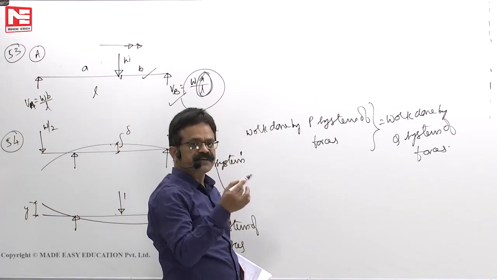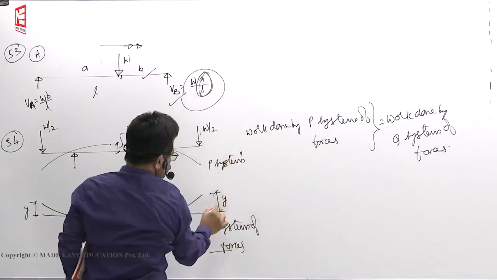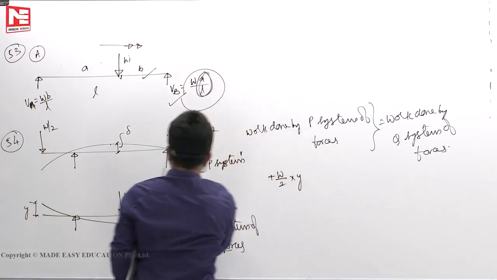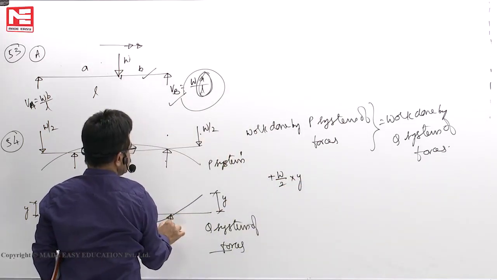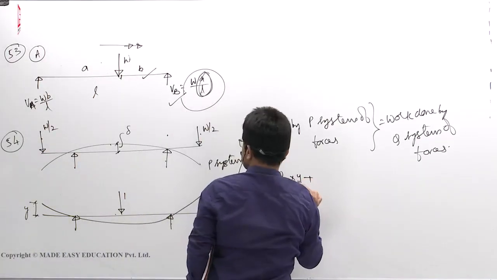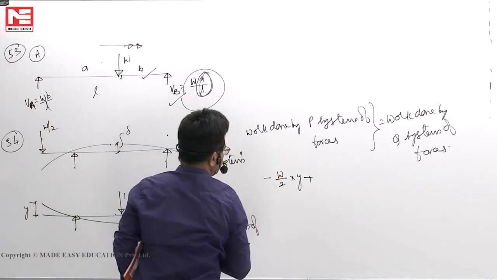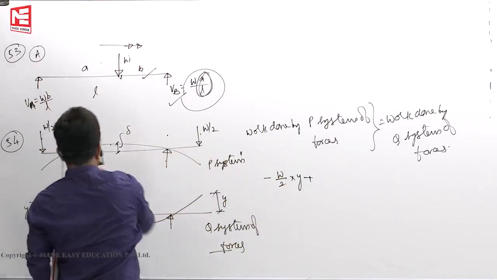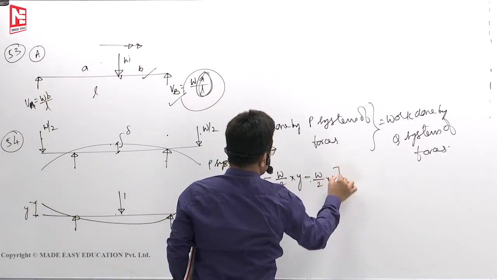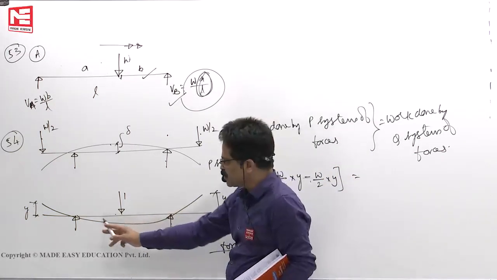Work done by the Q system of forces means you have to take displacement in the P system. So W by 2 into Y plus W by 2 into Y. This load will not do any work here because displacement is 0. Now you see the load is downward but displacement is upward, so minus, I can write, W by 2 into Y. This must be equal to work done by the Q system.